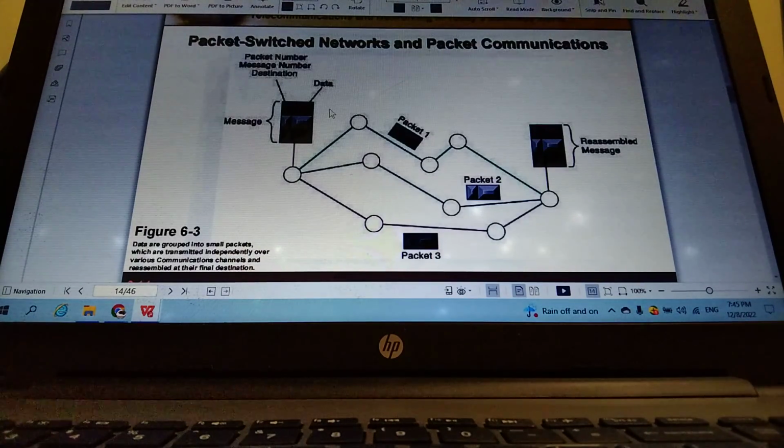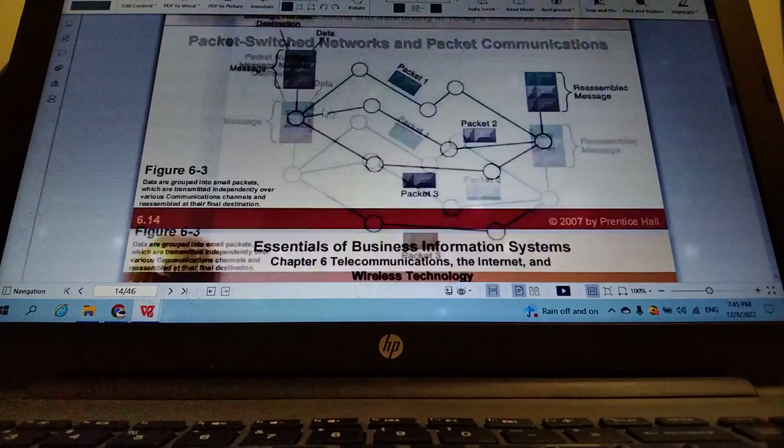As you can see here, packet 2 is traveling faster than packet 1 due to many reasons. Maybe packet 1 is quite heavy, packet 2 is less heavy, compared to packet 3, for example. But the software is smart enough to reassemble all the packets according to the right sequence before they are available for the receiver.